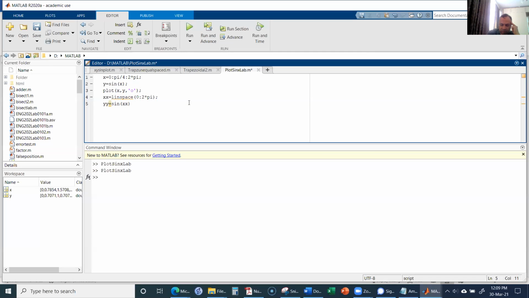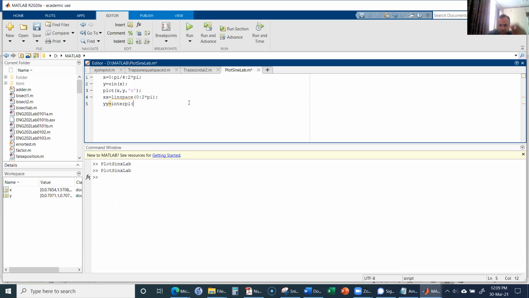But in this case, these are the original values. What I want is the new y values as the interpolated values. So for the interpolated values, I will use the interp1 function, this is not L, this is one.